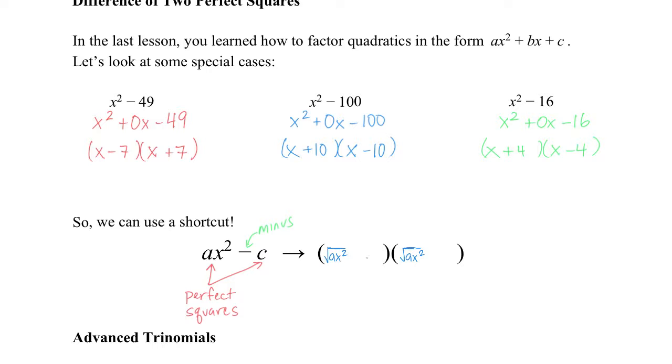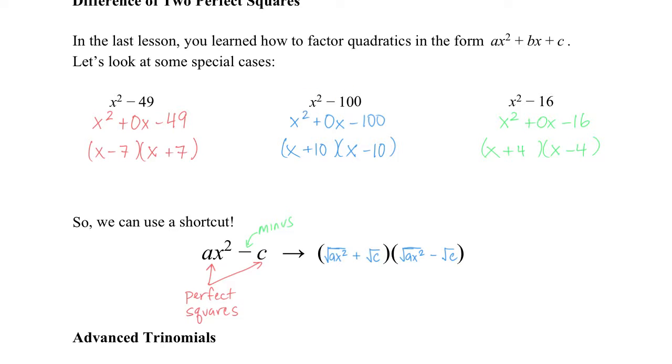In the back, you're going to do the square root of the second piece, and then it's just going to be 1 plus and 1 minus. Okay, so take a look here.